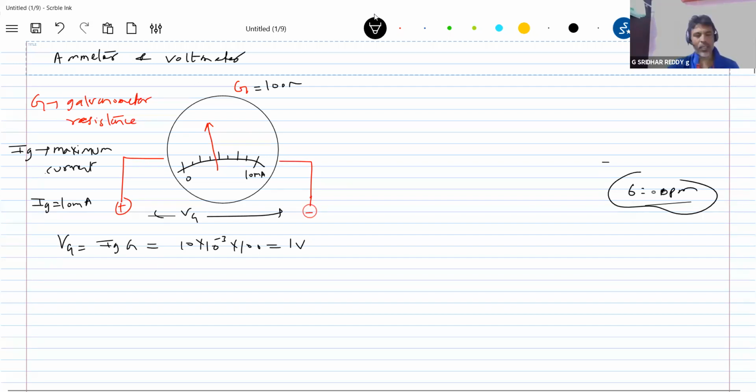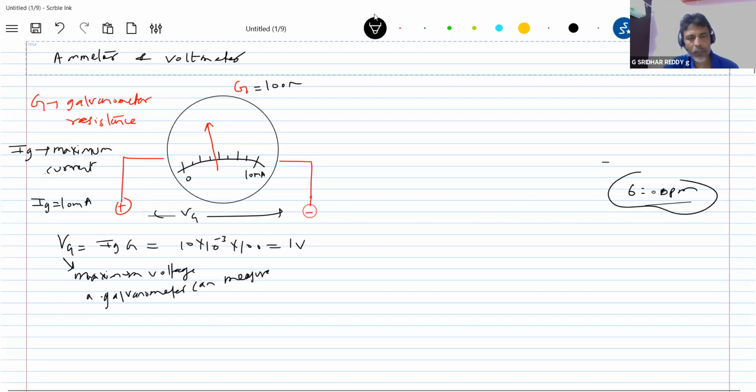So what is the maximum voltage I can measure across the galvanometer? It is 1 volt. This is called the galvanometer voltage, the maximum voltage a galvanometer can measure.